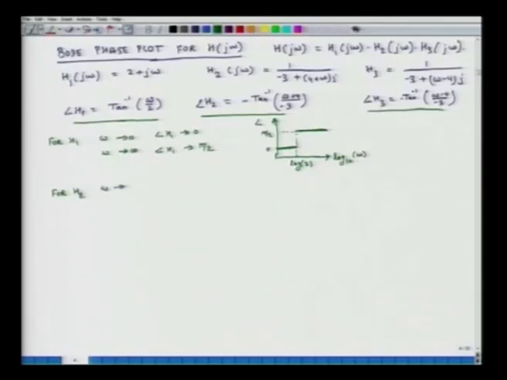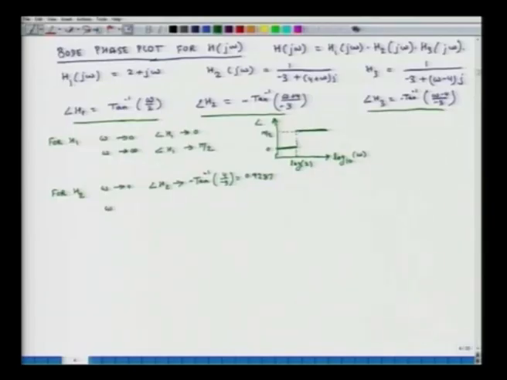As omega is approaching 0, phase of H2 is approaching negative of tan inverse of 4 over minus 3, and that is 0.9287 radians.